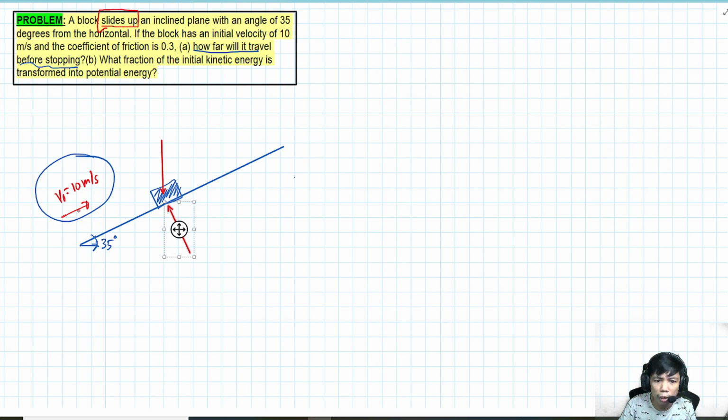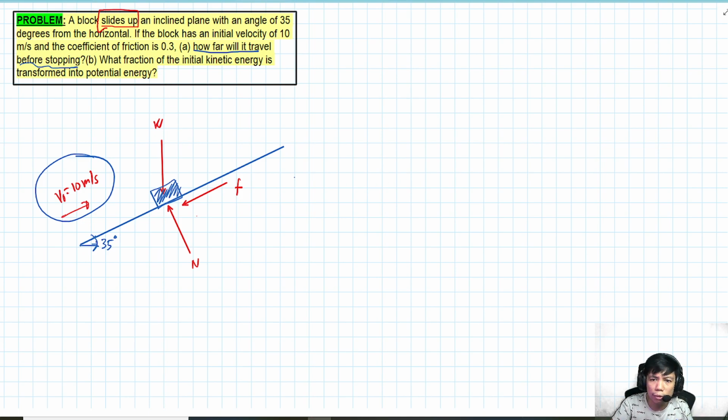Since paakyat tayo, the direction of the frictional force is downward na. Yung ating weight, yung ating normal force, the frictional force. Ito guys, nasa part na to sa may weight, kailangan kabisado nyo na dyan yung components niya along and normal to the incline.